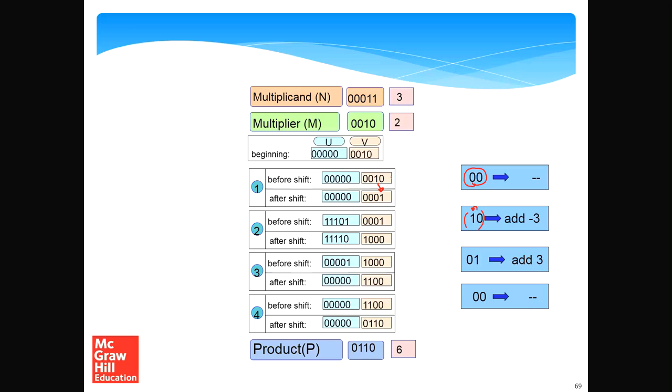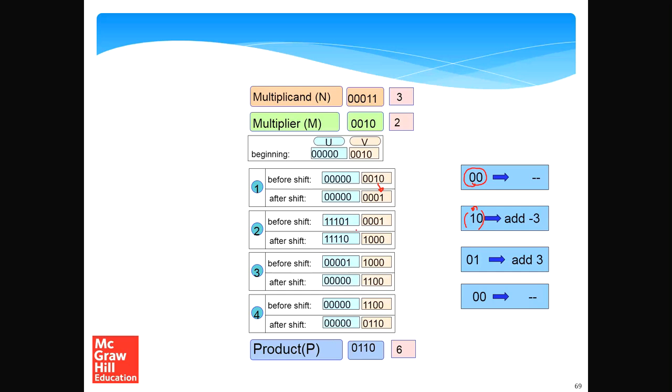And minus 3 would be this in a 5-bit representation. Why? Because you just add plus 3 to it, and you'll clearly see that the result becomes 0. So this is what minus 3 is. We can also see that for 4 bits, minus 3 will be 1101, and we are just extending its sign, right? So this is minus 3.